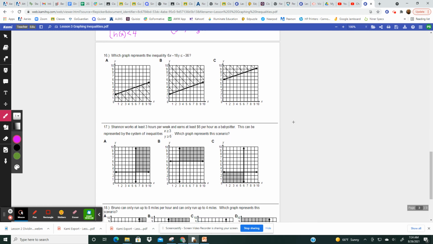Okay, so it says which graph represents that inequality? Well, I need to do a little bit of work, so I'm going to move this over. So I have negative 18y is less than or equal to negative 6x minus 36. And then I need to get rid of that negative 18, so I'm going to divide every term by negative 18.